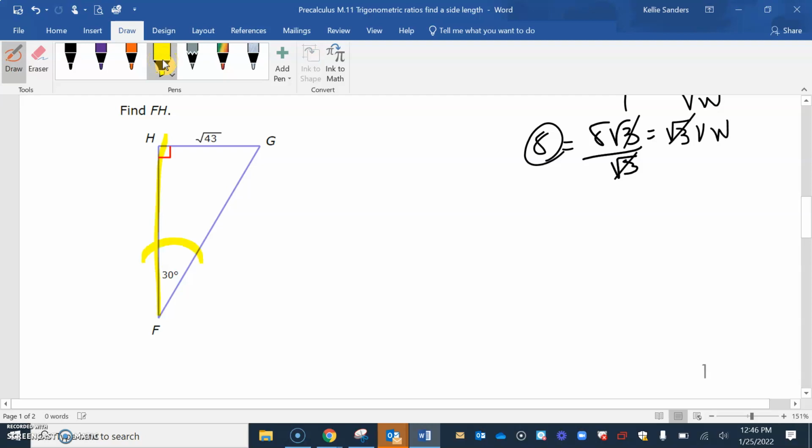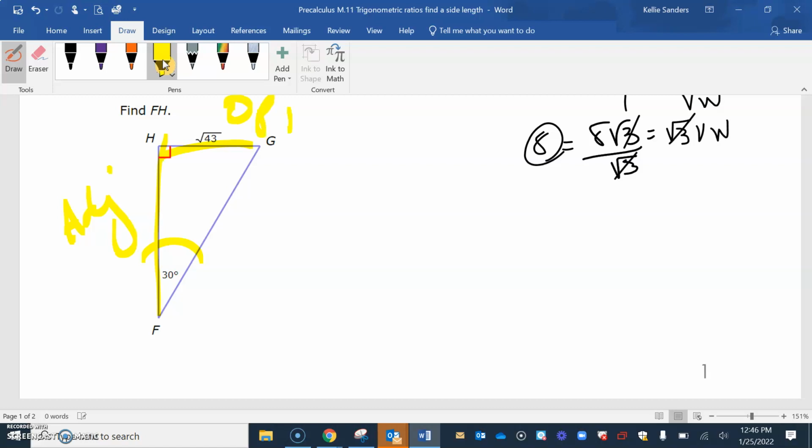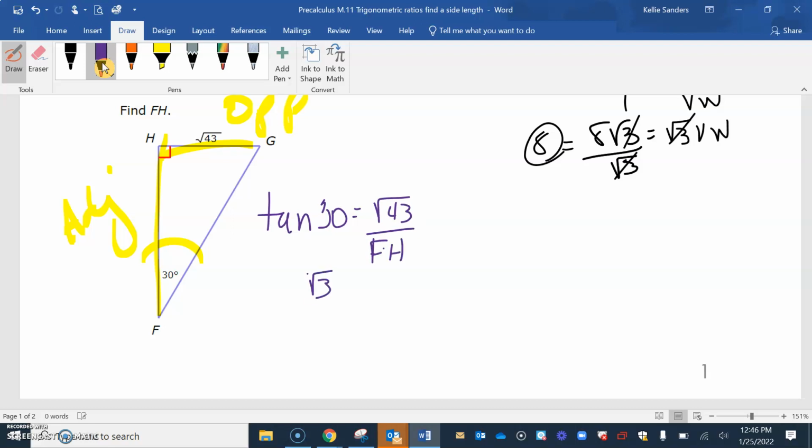FH, so this is adjacent. This is opposite. So I'm going to use tangent again. Tangent 30 equals opposite over adjacent. And tangent 30 is square root of 3 over 3. Cross multiply, square root of 3 FH equals 3 square root of 43.